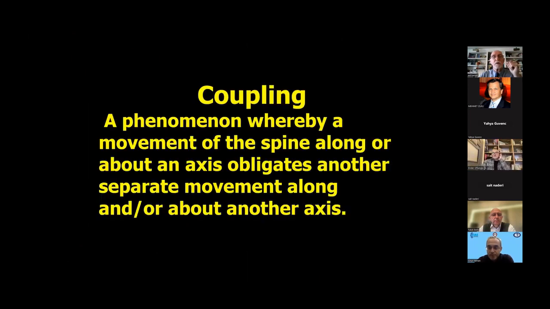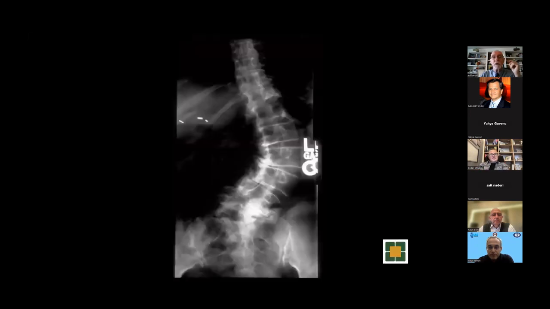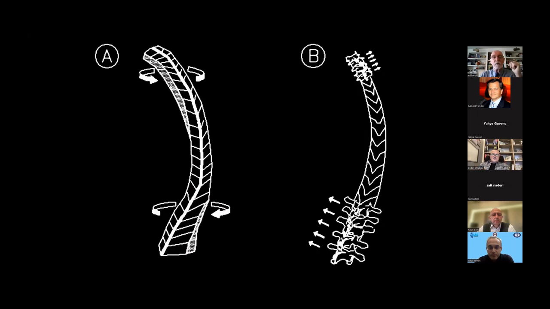An important concept is that of coupling, a phenomenon whereby a movement of the spine along or about an axis obligates another separate movement along or about another axis. So in this spine, we have a scoliotic picture. If we bend our spine to the left, the cervical spinous processes move to the right, and the lumbar spinous processes move to the left.